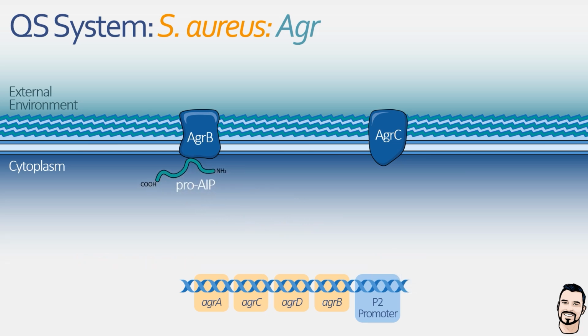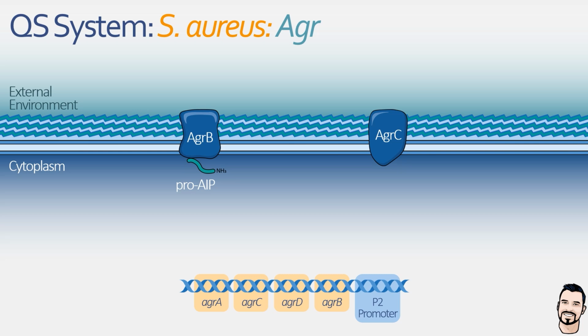When it gets here, it will interact with the transmembrane protein AGRB, and at this stage, AGRB performs 3 critical functions. First, AGRB activates its endopeptidase activity, cleaving the pro-autoinducing peptide to release a short peptide of around 7 to 9 amino acids in length.